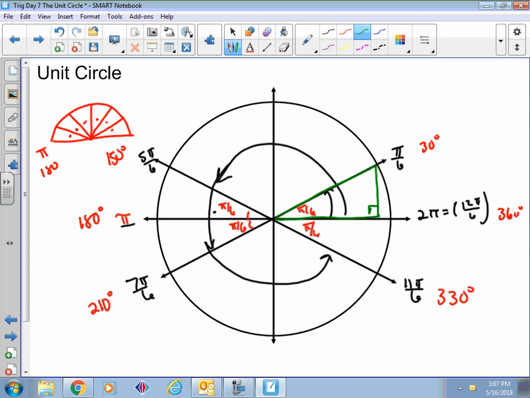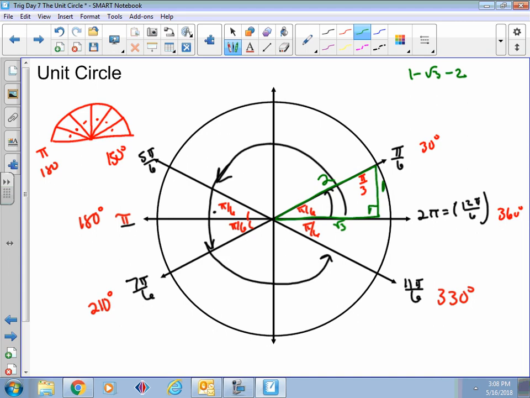Pi over 3 is the same thing as a 60-degree angle. The ratio of sides is 1, root 3, 2. 1 is opposite the 30 degrees, root 3 is the longer leg, and 2 is the hypotenuse.